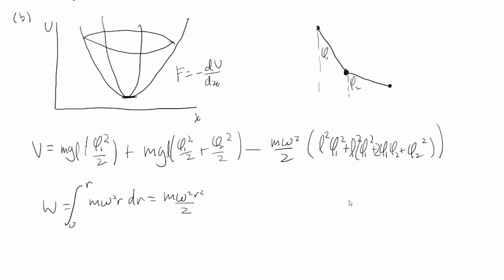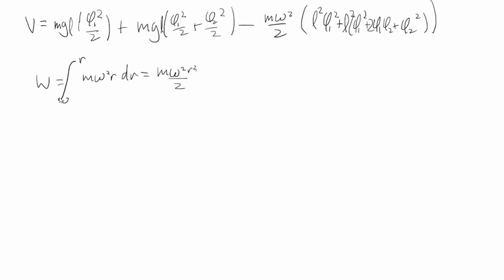And so we can write out the potential energy as mgl phi sub 1 squared, because there's a over 2 here and over 2 here, and then from here we have 2 phi sub 1, so again, this time minus m omega squared L squared phi sub 1 squared.